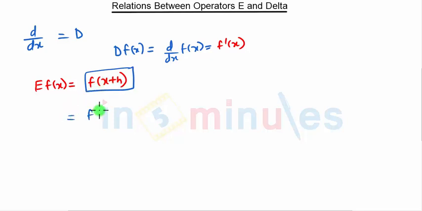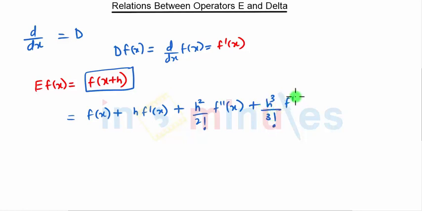So we will have f of x plus h upon 1 factorial into f dash of x plus h square upon 2 factorial into f double dash of x plus h cube upon 3 factorial into f triple dash of x, and so on. This we have seen in the Taylor series method while doing the numerical methods. So you can remember from that.